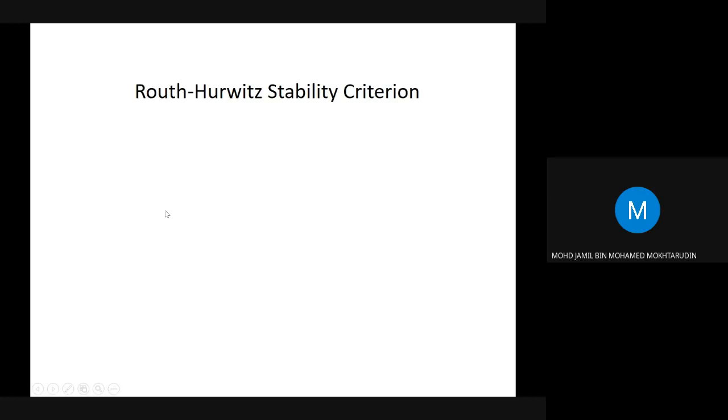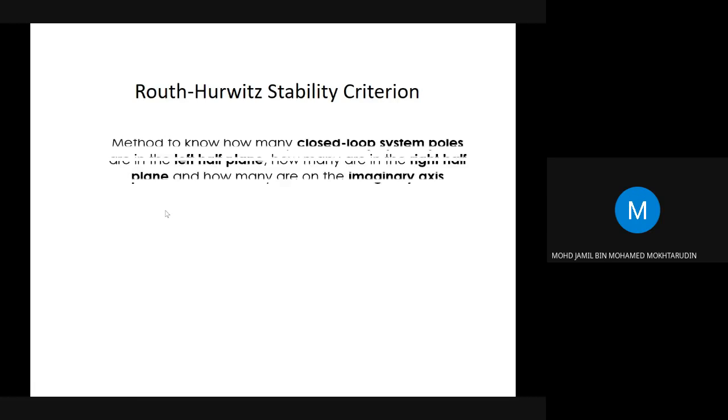Okay, so another way of determining the stability of a system is by using Routh Hurwitz criterion. So this method is to know how many poles or closed loop poles are in the left half plane and how many in the right half plane and how many on the imaginary axis.